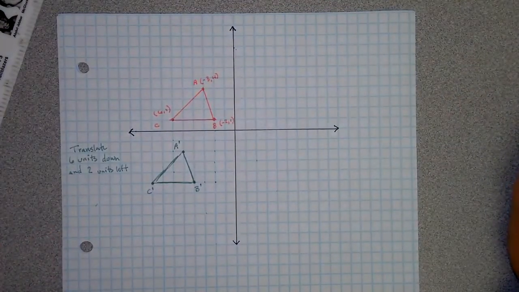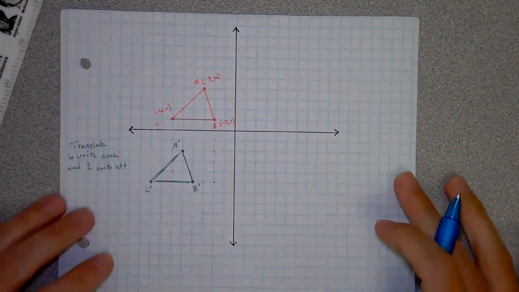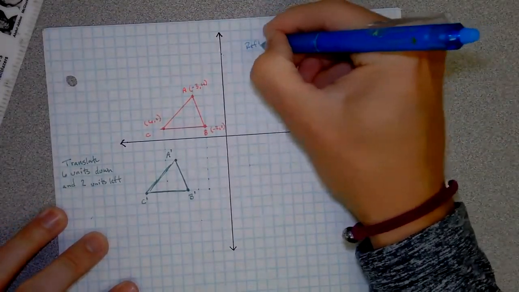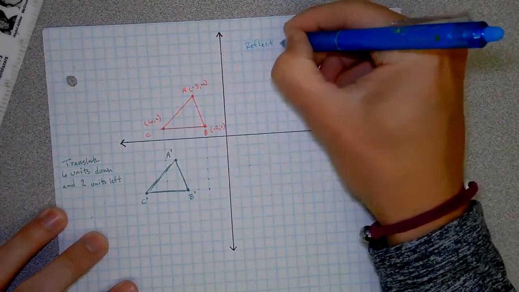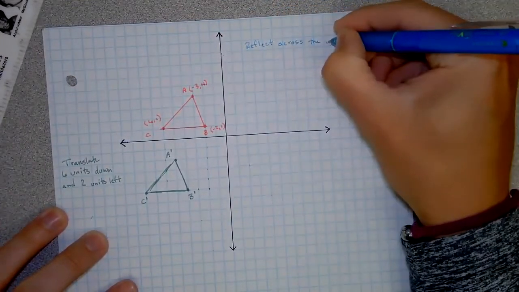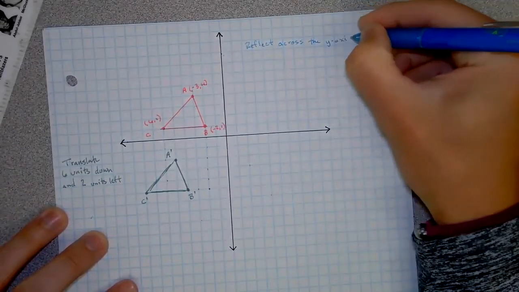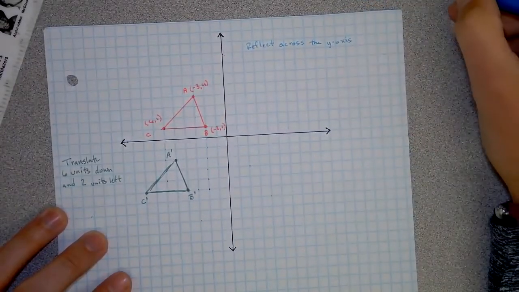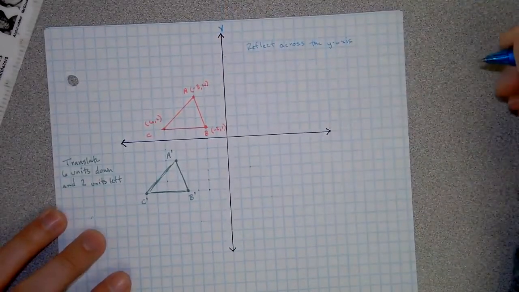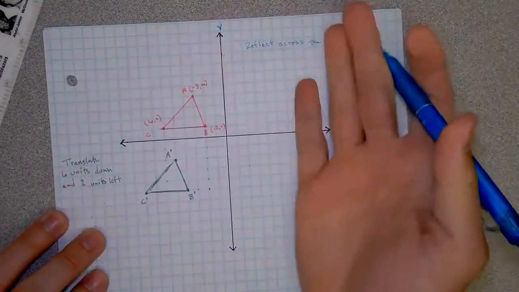All right. Let's reflect the triangle across the y-axis. Here's our y-axis. The other one's our x. We're going to want to flip it over.